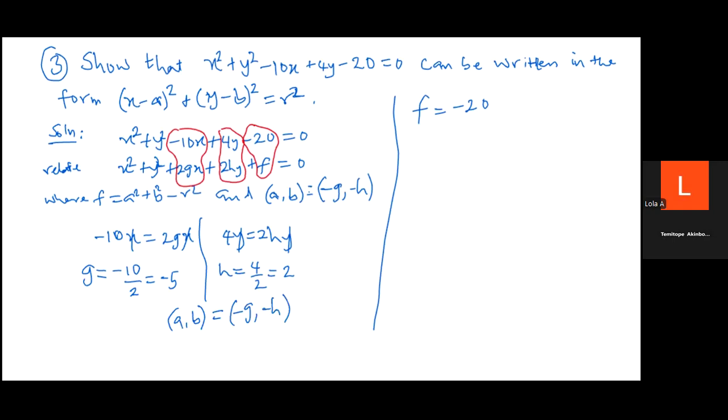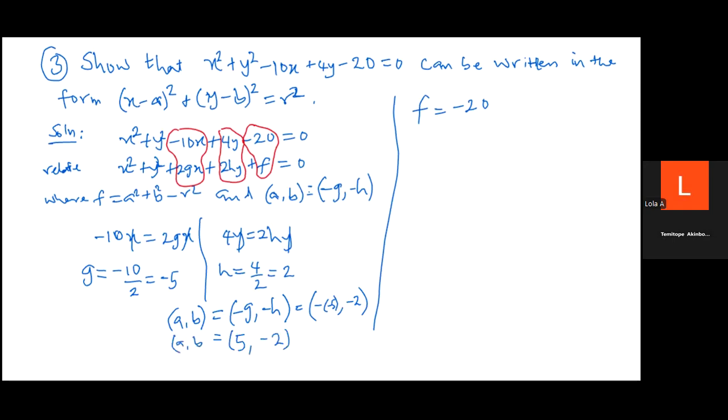So minus, now g is minus 5, so minus minus 5, comma, h is 2, minus 2. Minus minus will become plus. So you have 5, comma, minus 2. So (a, b) equals (5, minus 2).